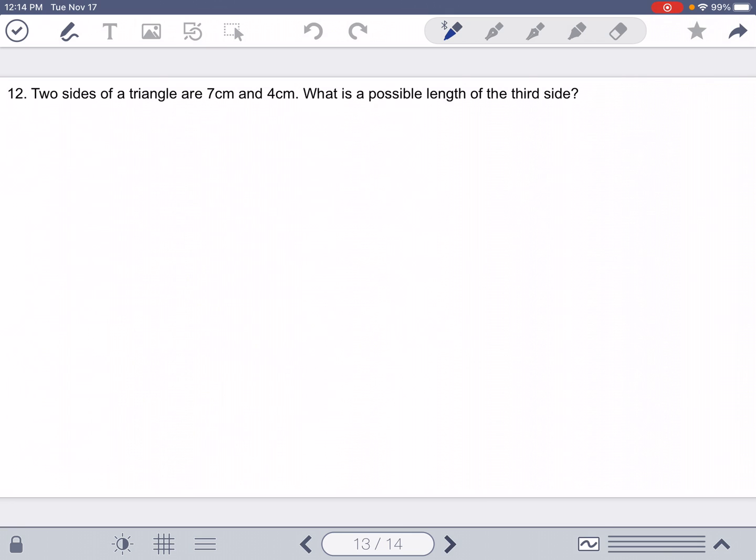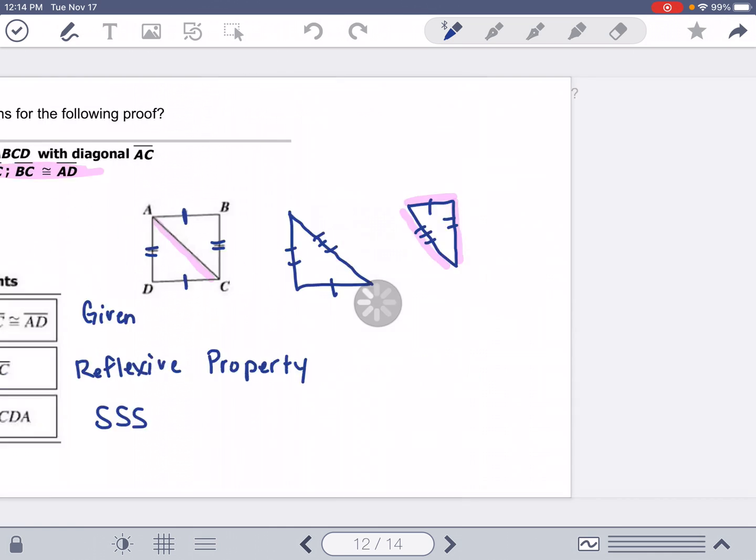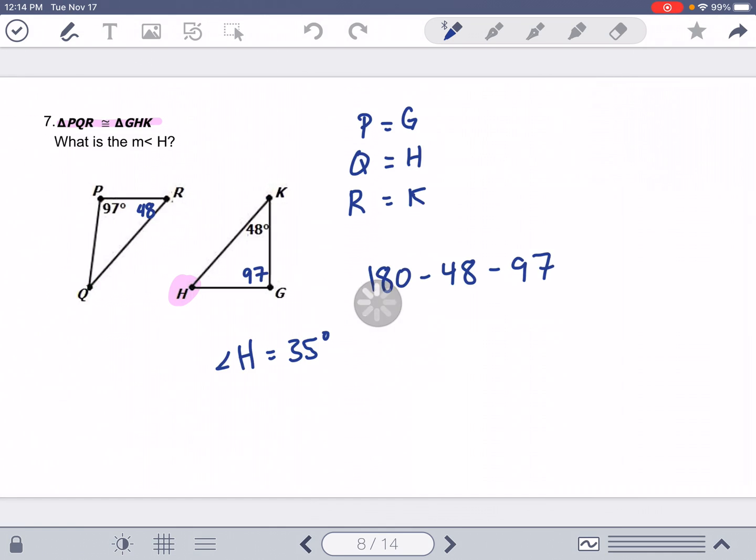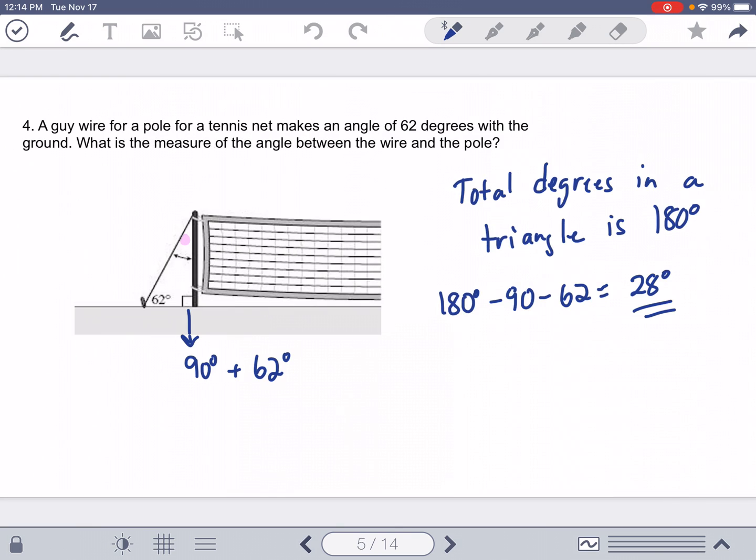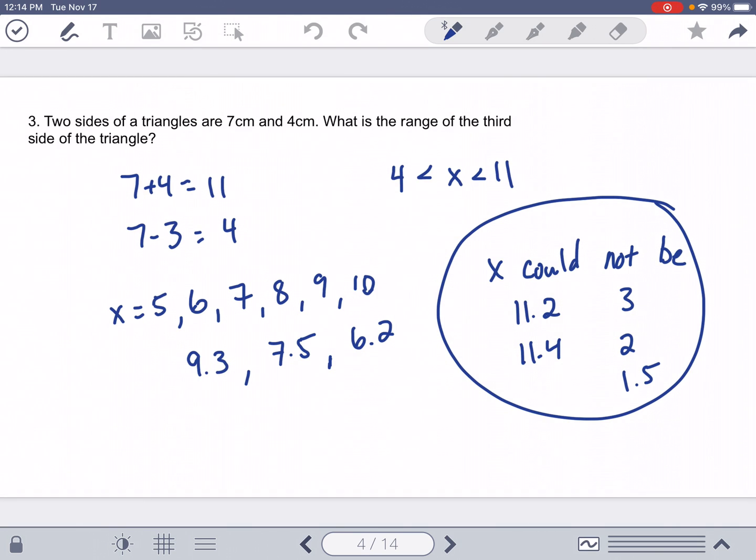Two sides of a triangle are 7 and 4. Wait a minute, I've done this problem already. Didn't mean to put that on there twice, but again, 7 plus 4, and then 7 minus 4 is 3. Wait a minute, did I do that other problem wrong? Look at what I did here.